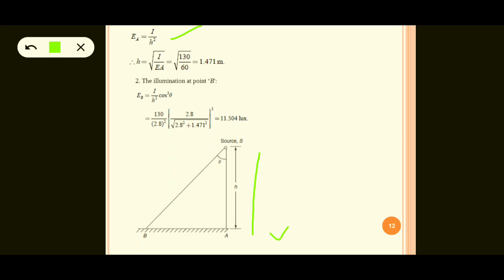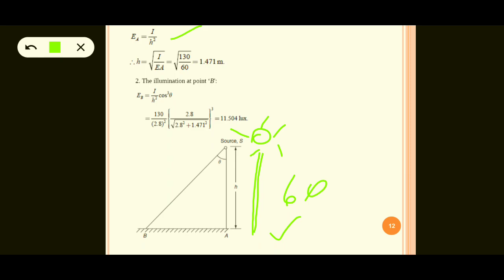That is point A. This is the source, meaning the bulb. So the illumination exactly below the lamp is 60 lumens.